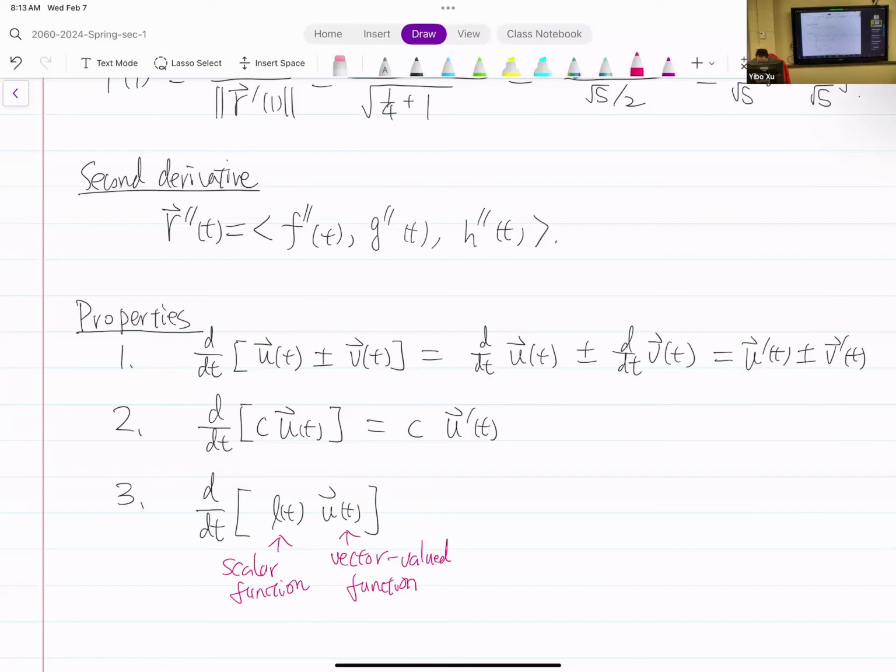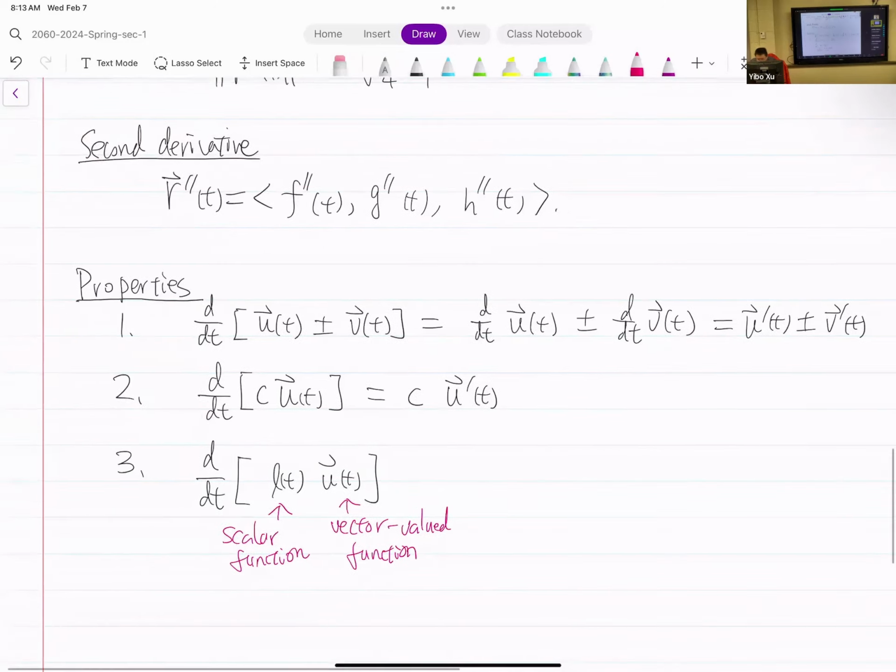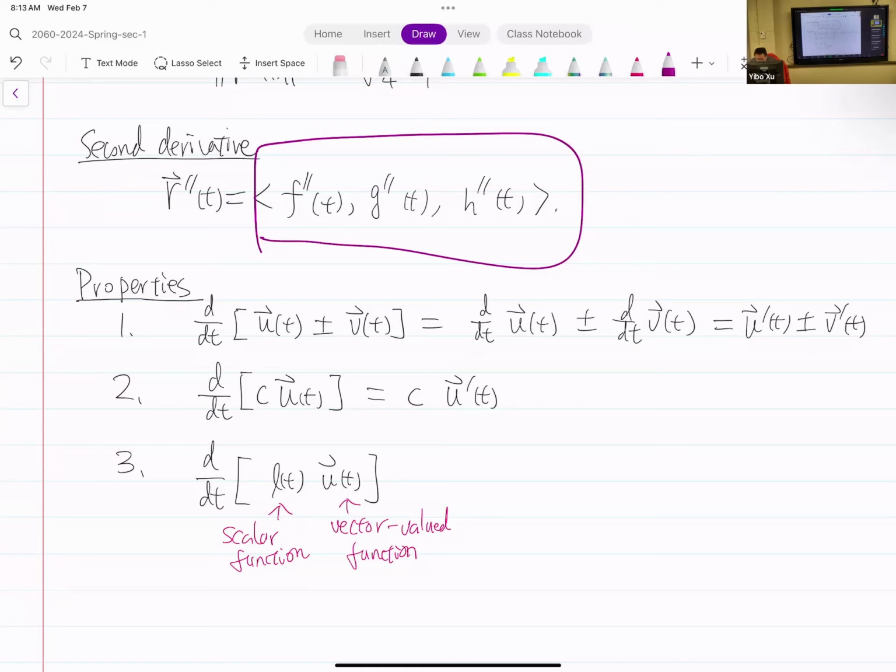So if you think about it, what is this essentially saying? With the components f, g, h, L is just multiplied to every component. So it's going to be Lf, Lg, Lh, right? If you want to derive everything, you do the product rule component-wise, but then you will see that L appears in every component, so that can be dragged out.